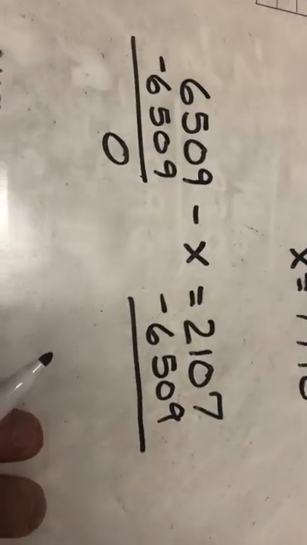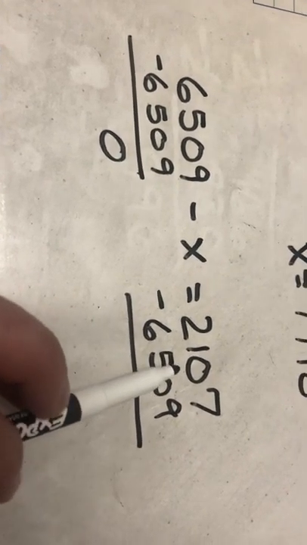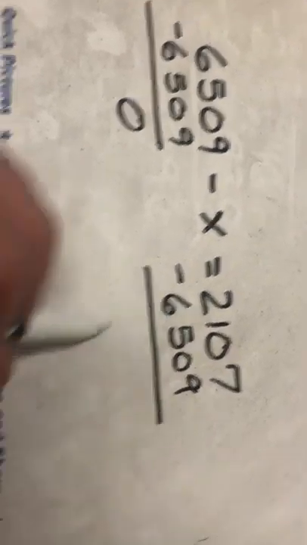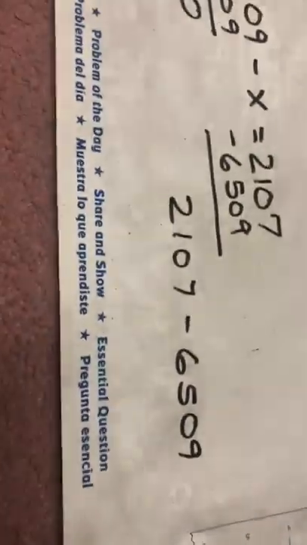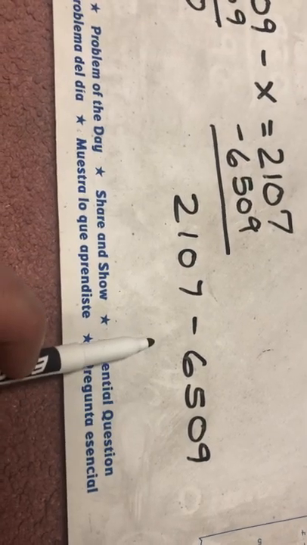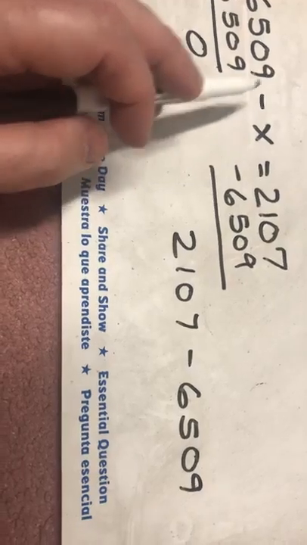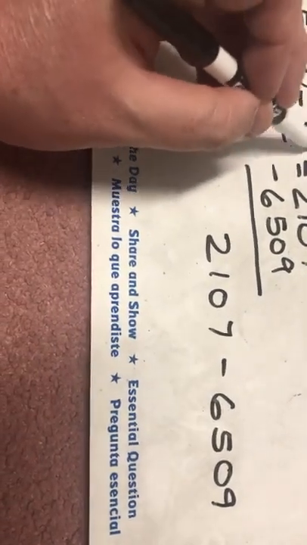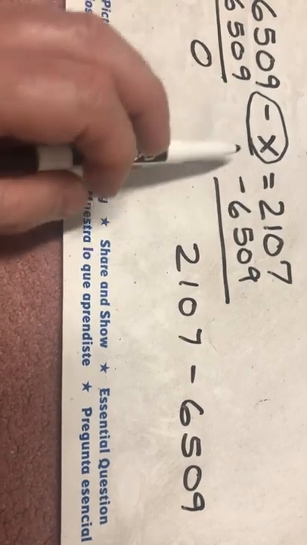Now, if we remember our rules from subtracting bigger numbers from smaller numbers, if I'm doing 2,107 minus 6,509, I'm going to get a negative answer, which makes sense because I have a negative x. So you can think of it in that way. But I don't want negative x, I want a positive x.